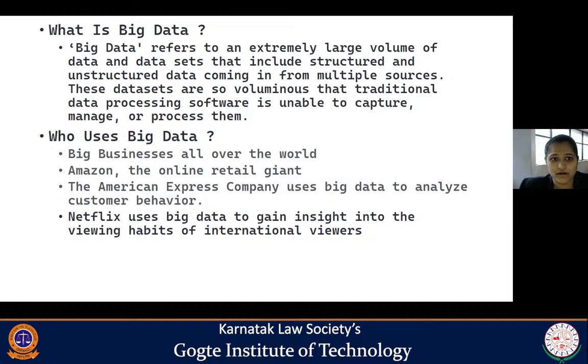If you are viewing some type of movies or web series, whenever you log in to Netflix you will get a recommendation. When you shop something online and then scroll through Facebook or Google, you will get a pop-up recommendation. That recommendation system is done using big data.